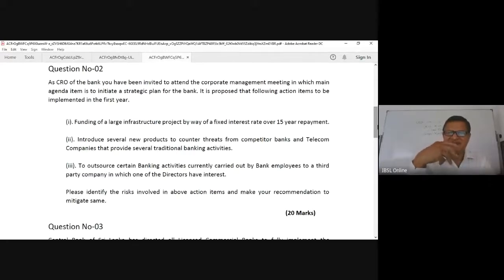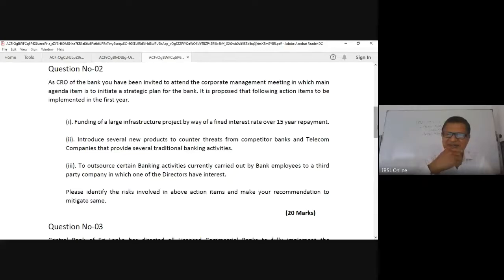However, with this fixed interest rate, the customer might come and make an appeal to revoke that, but as far as this question is concerned, the proposal is to get this customer on a fixed interest rate. So if the country's inflation goes up, naturally the interest rate will rise.